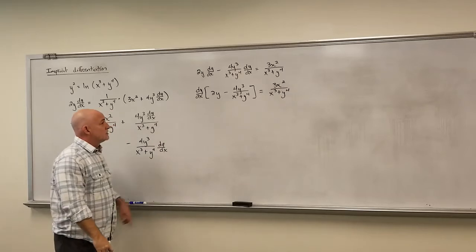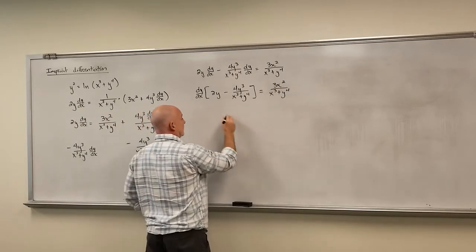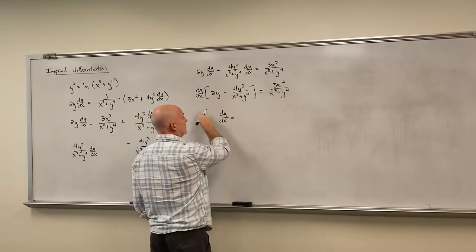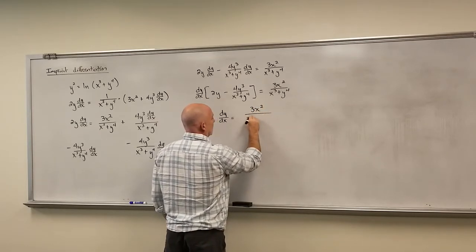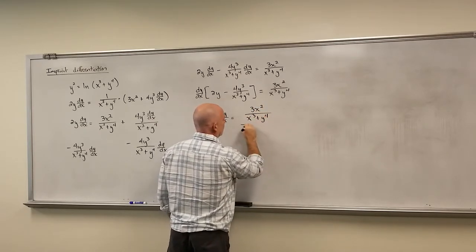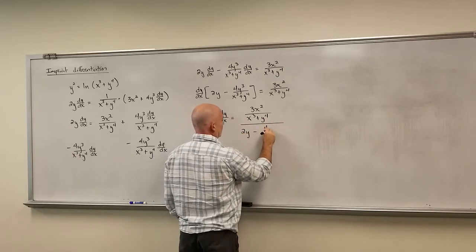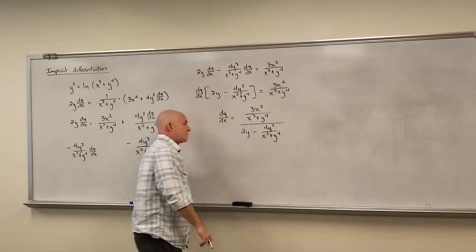So now what we've got to do is divide both sides by all this mess. Now I'm not going to write this out, and we're still going to have to do some algebra here. So I'm going to divide both sides by this. On this side it goes away. On this side I get 3x squared over x cubed plus y to the fourth, all over 2y minus 4y cubed over x cubed plus y to the fourth.